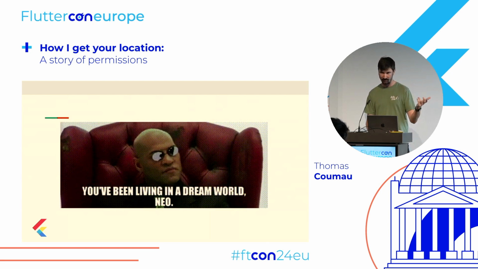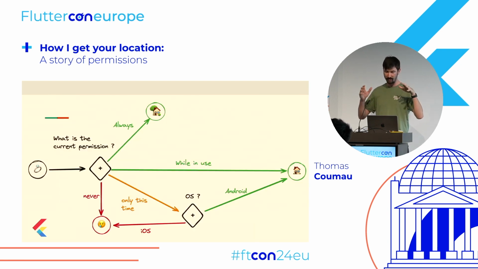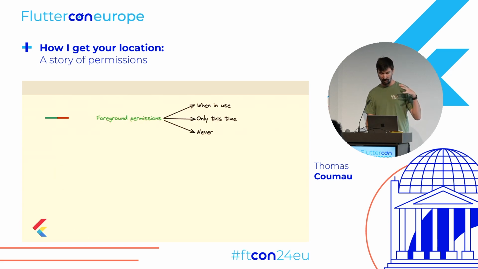When you get the granted permission, you need to know if it's while in use or only this time. Because if the user grants you the permission only this time, on iOS, you cannot request for the background permission. If you remember well, this is a problem because foreground permission has these different statuses.